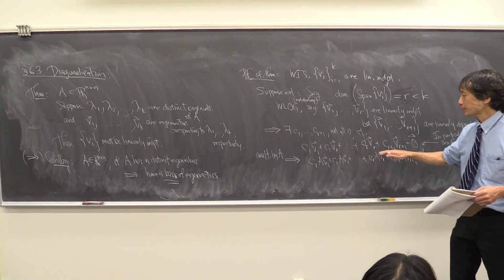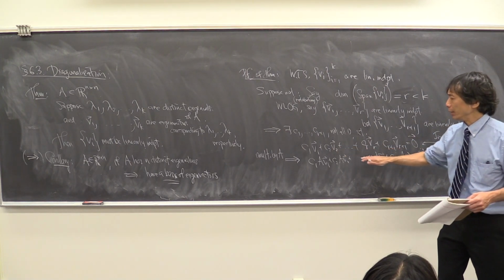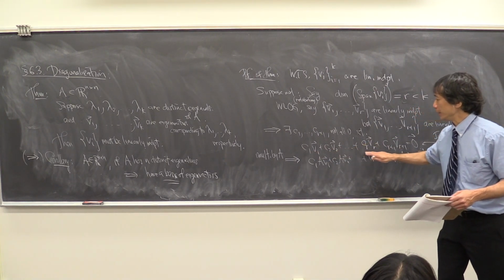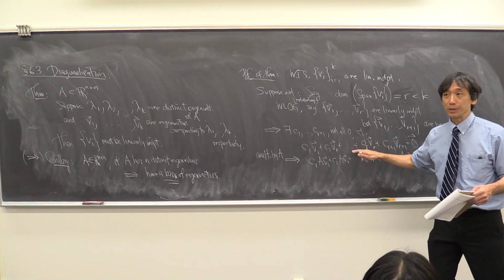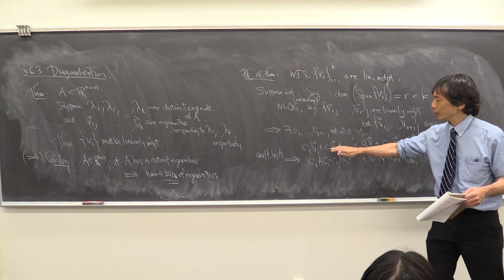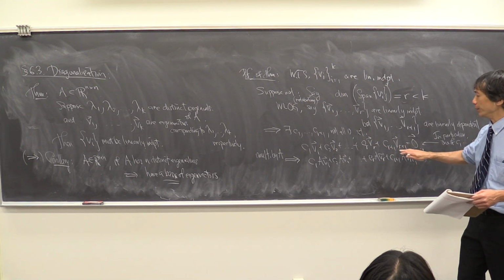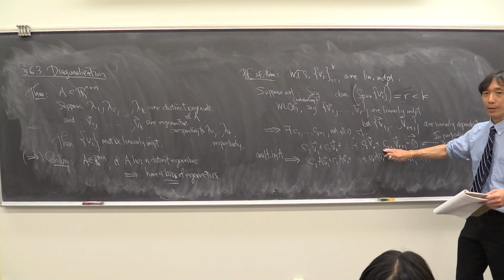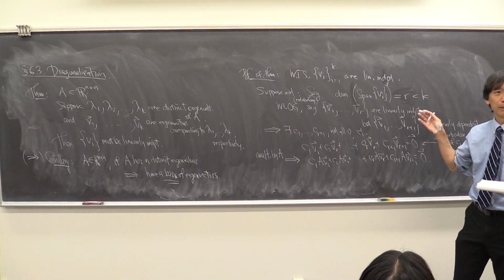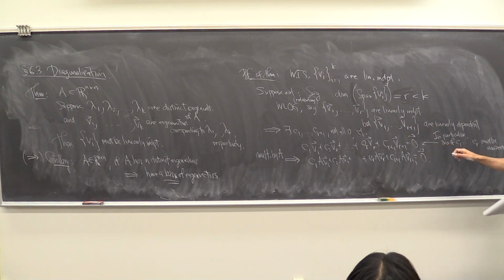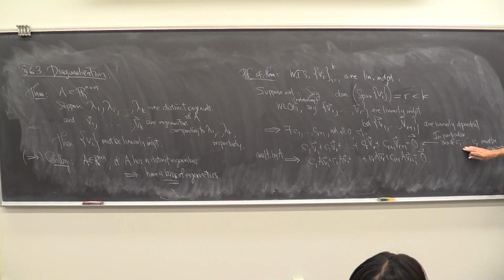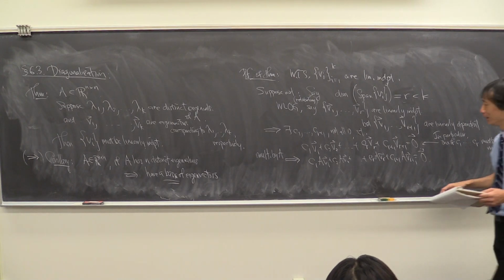In particular, one of these initial coefficients must be non-zero, because if they're all 0, that would mean that CR plus 1 VR plus 1 is equal to 0. But that would mean that this is 0, and then all the coefficients would be 0. Okay. In any case, just believe me. But one of these initial guys must be non-zero.